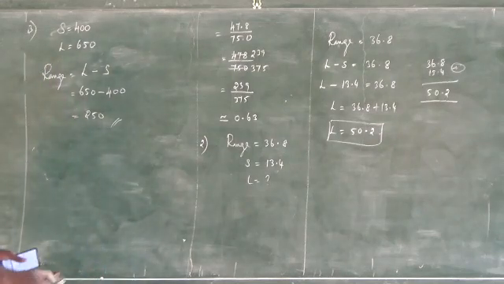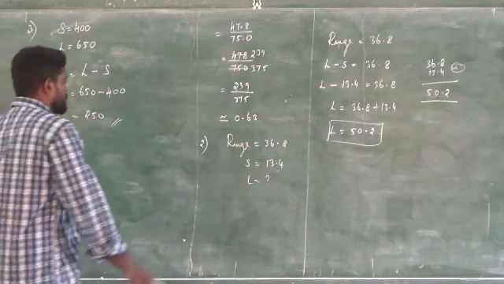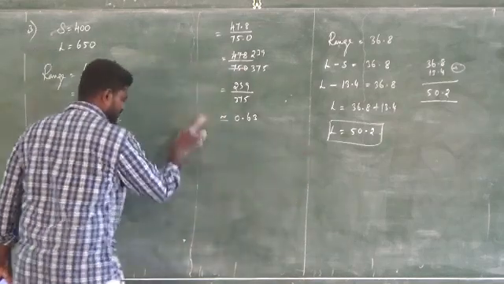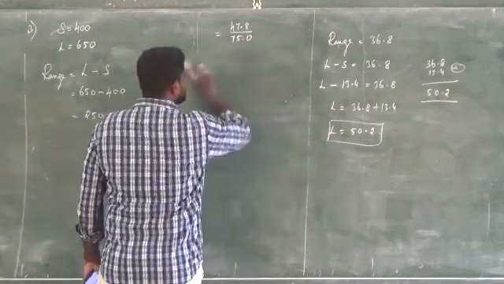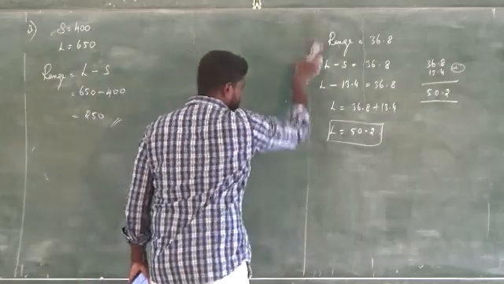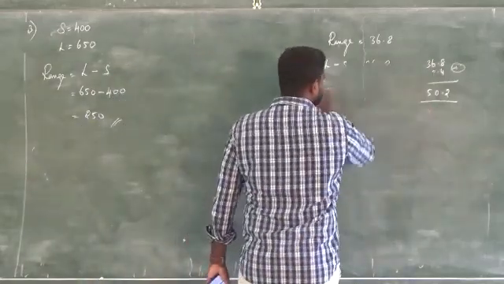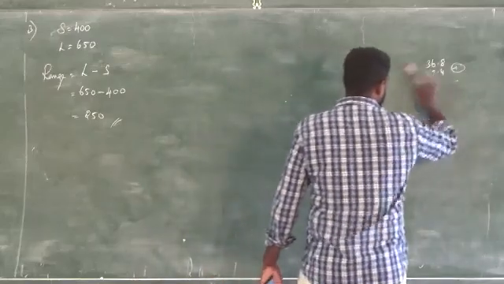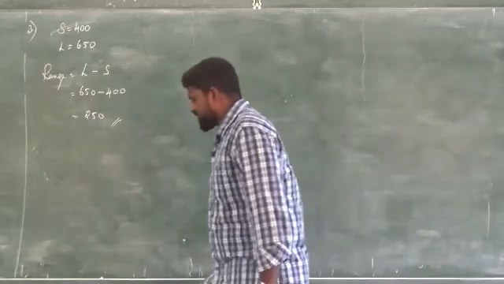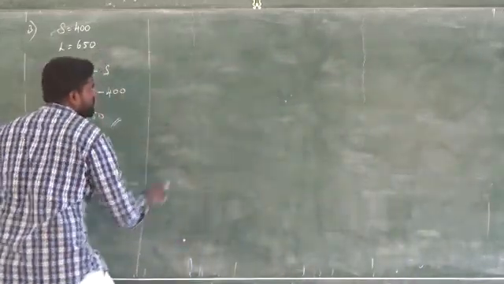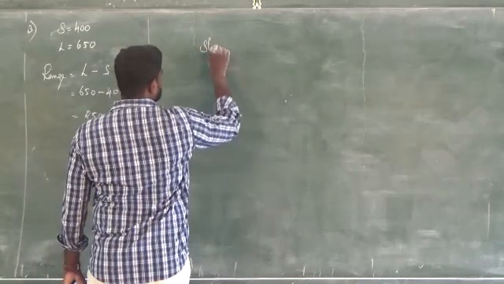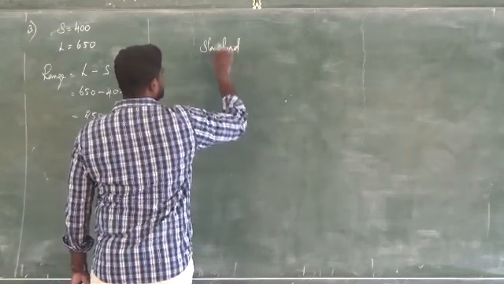Next we are moving to standard deviation. The data will be given, and from the data we need to find out the standard deviation. For standard deviation there are 2 types: one is grouped data, another one is ungrouped data.